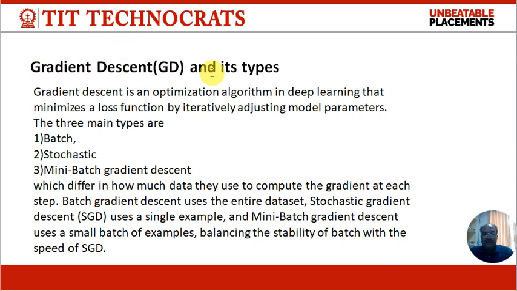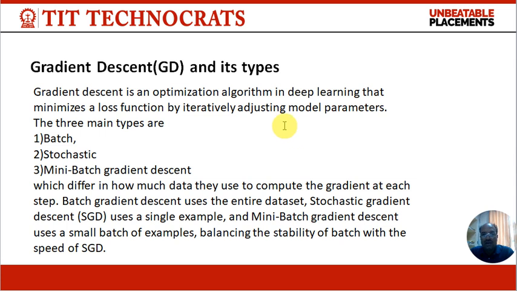Now the gradient descent. Gradient descent is the heart of deep learning. Gradient descent, you can say, guides how a model adjusts its parameters during training to minimize error.